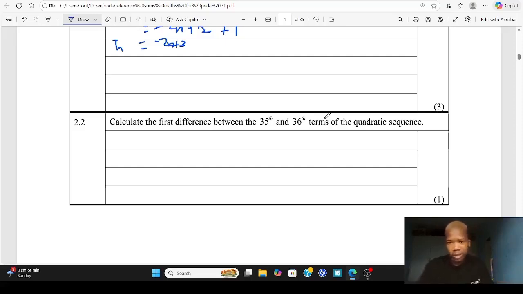So we can say T35 is equal to minus 2 times 35 plus 3, which gives us a value of minus 67.